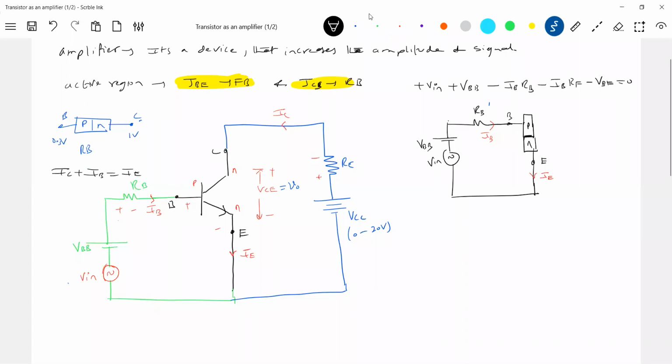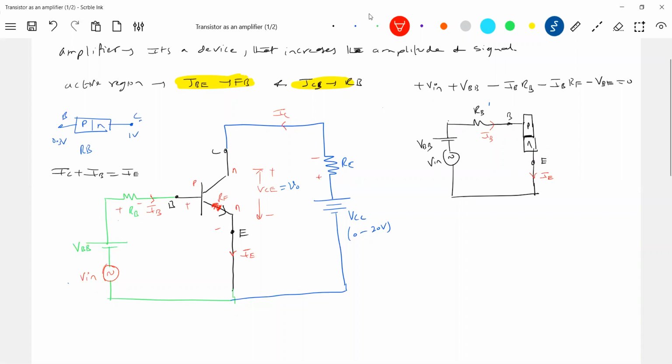This happens everywhere in the transistor. Agree with this one? Okay, what is that RF? RF is this one, or for your convenience, I can also show that RF is something like this.